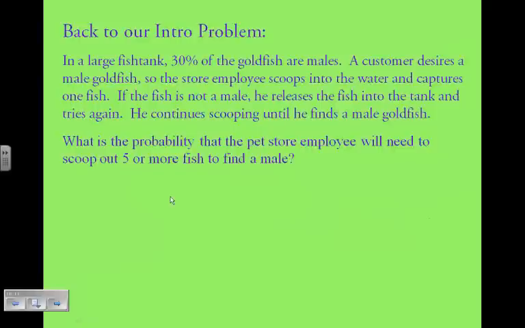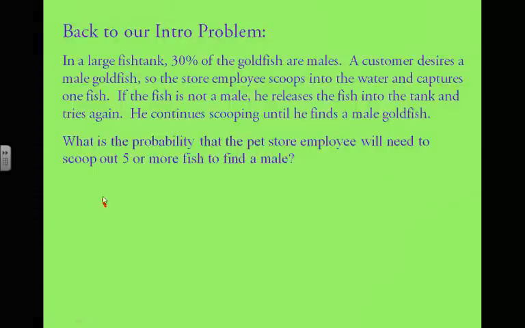So back to our intro problem. In a large fish tank, 30% of the goldfish are males. A customer desires a male goldfish. So the store employee scoops into the water and he captures 1 fish. What's the probability the pet store employee will need to scoop out 5 or more fish? So we want to know the probability that x is greater than or equal to 5.